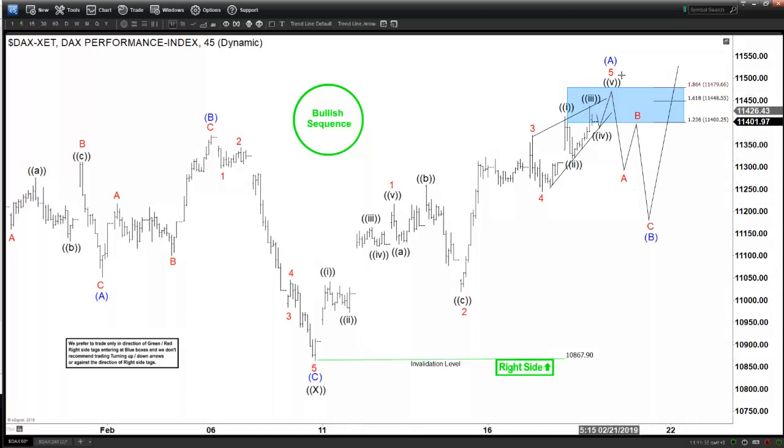So here, if we assume that this is really going to be an A, and the A is really going to end here in the blue box and start to pull back, then generally speaking, in the ideal setting, this B should be around 50% retracement, but it doesn't have to be exactly 50%.